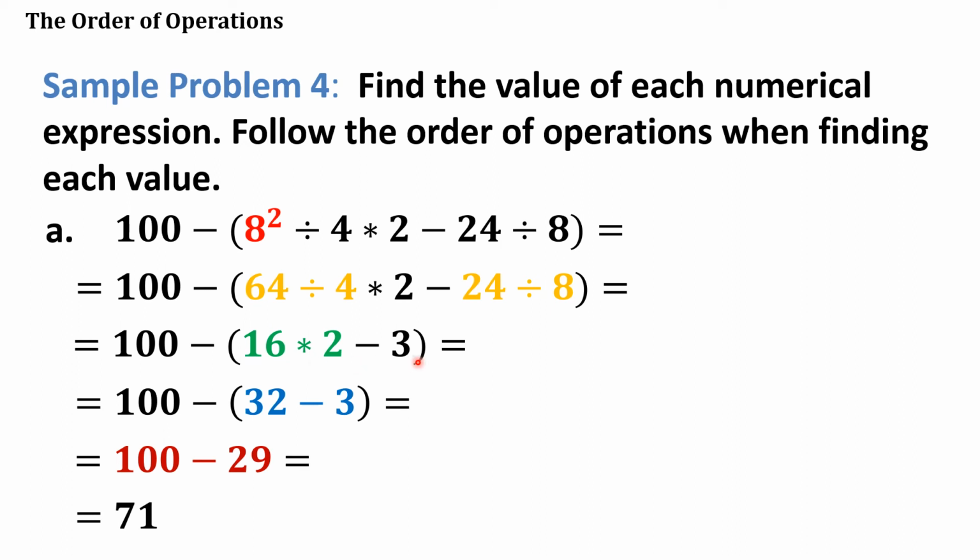Once I get to this parentheses, I solve for my multiplication, and then I solve for my subtraction. Once I have answered everything inside my parentheses, then now I can subtract that answer to my 100. If your answer was 71, then congratulations, you did an amazing job.